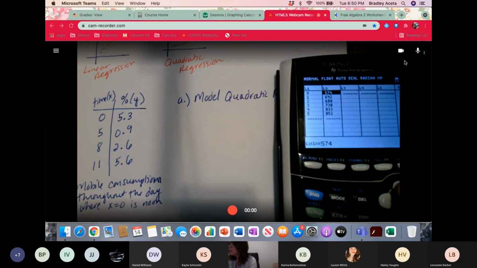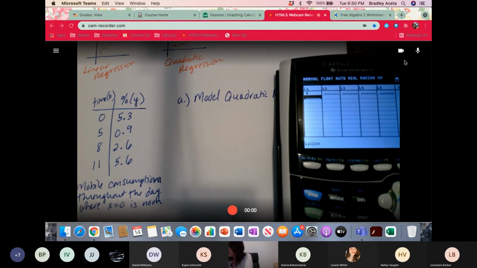So to clear them out, you go up to L2, clear, enter. Go over to L1, clear, enter. And we're going to input into L1 our X's. So 0, 5, 8, 11. I'll just type 44.